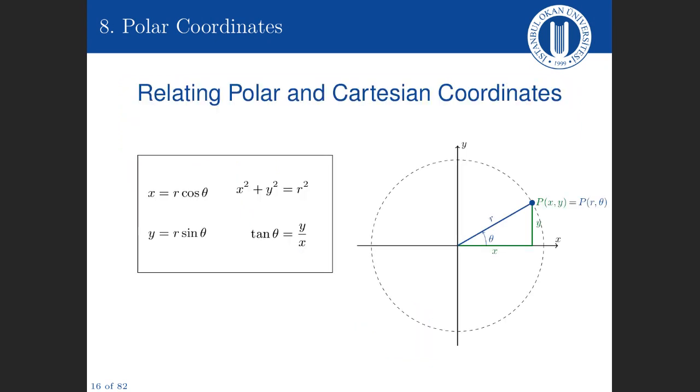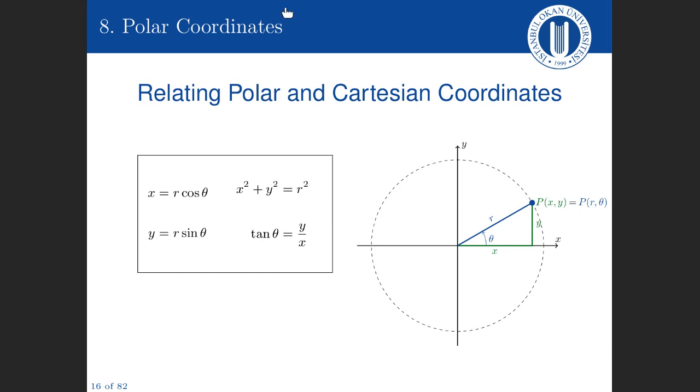We have some nice formulae to relate polar coordinates and Cartesian coordinates. Looking at the picture first, this point P, we could say, has Cartesian coordinates x and y, or polar coordinates r and theta.